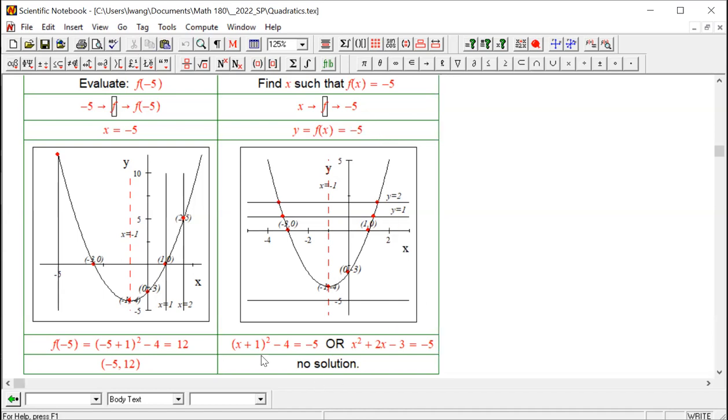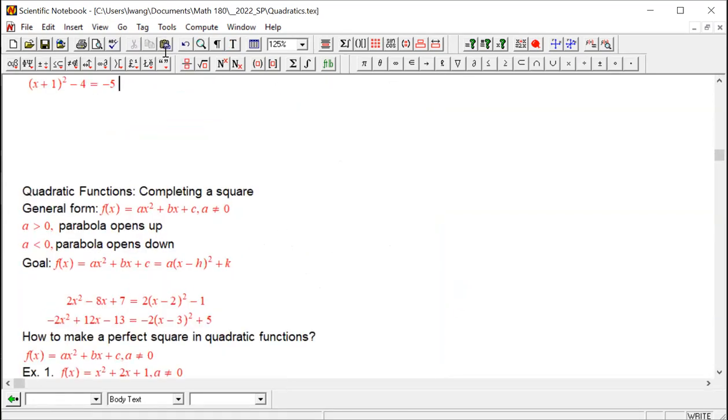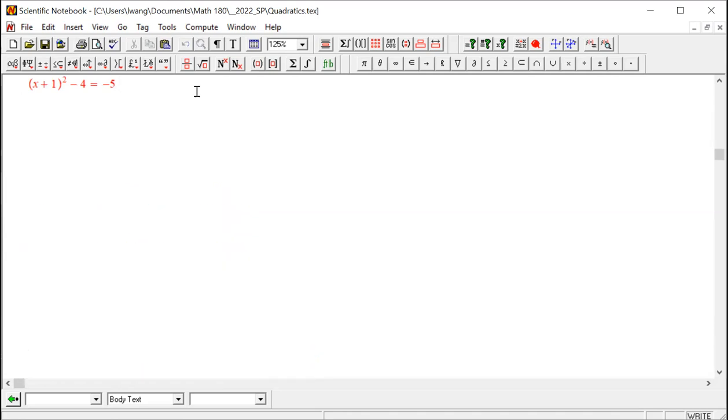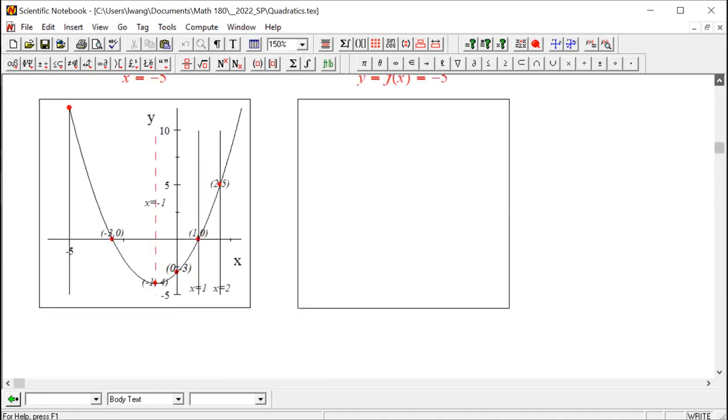But let's see what will happen algebraically. And of course, in this case, you draw your conclusion, but sometimes you may not have the convenience to draw the graph, or the graph is not accessible to you.